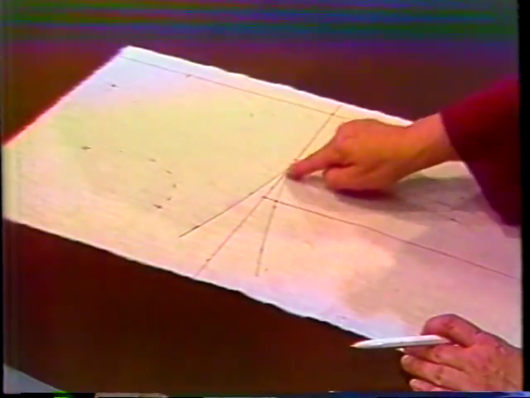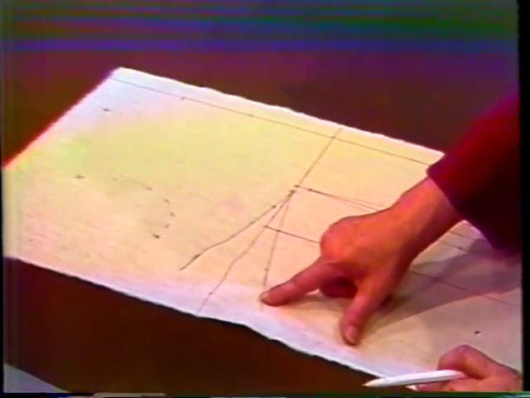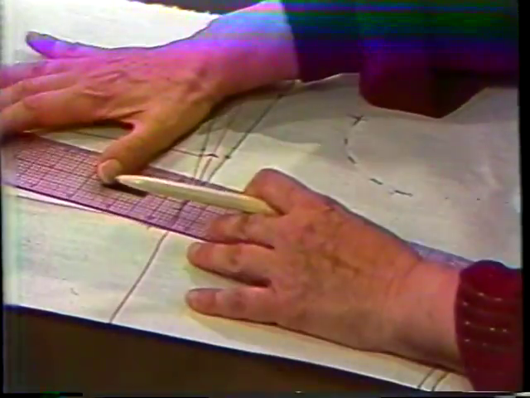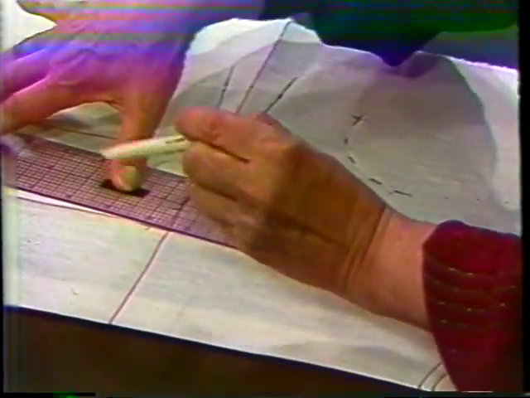And in that way, we have curved the dart to accommodate the requirements of the figure. Now we'll true the waist dart. Connect from vanishing point to waistline intersection.